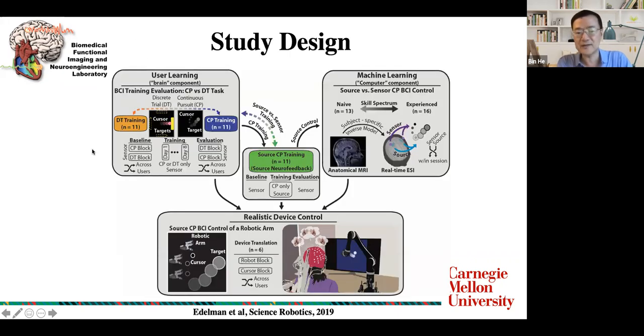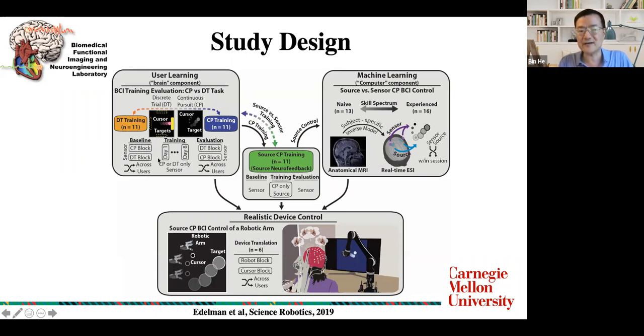So in this work, published 2 years ago, we performed various experiments. We look at 2 things. As we discussed, for the brain-computer interface, there's a brain aspect and there's a computer aspect. In the brain aspect, we look into the effect of training.